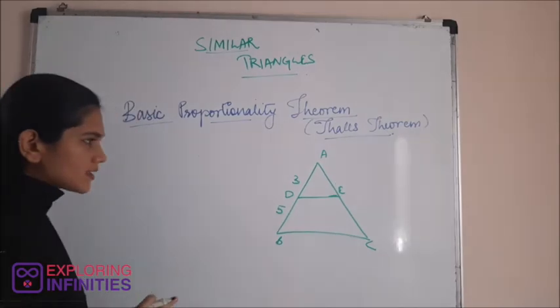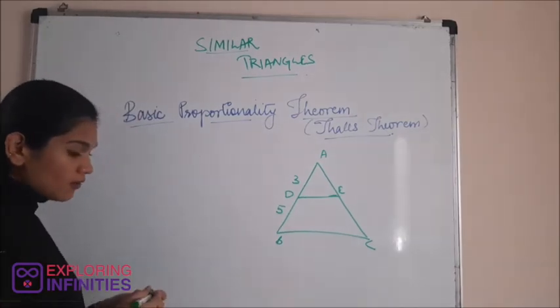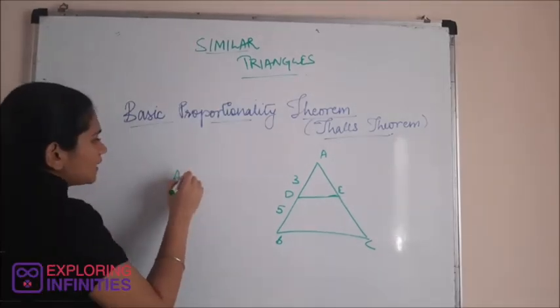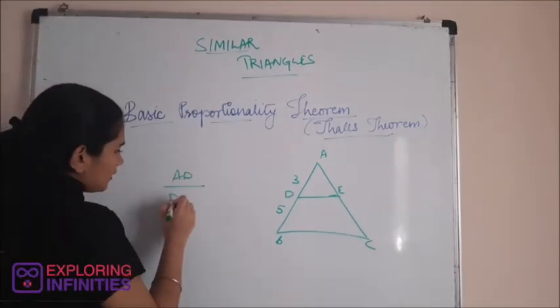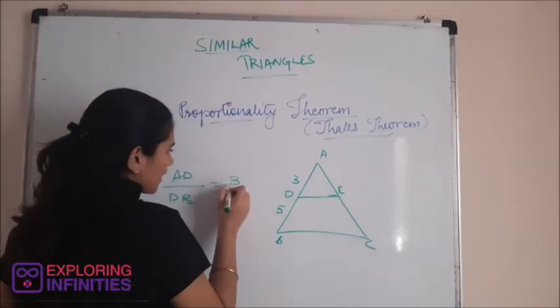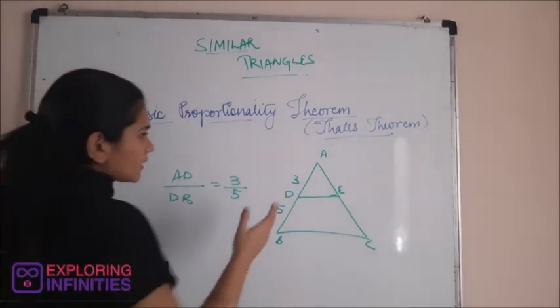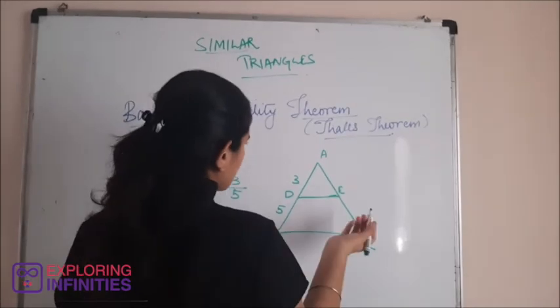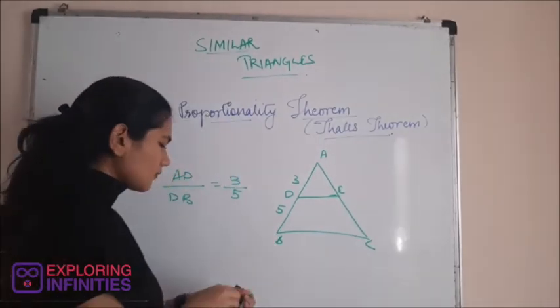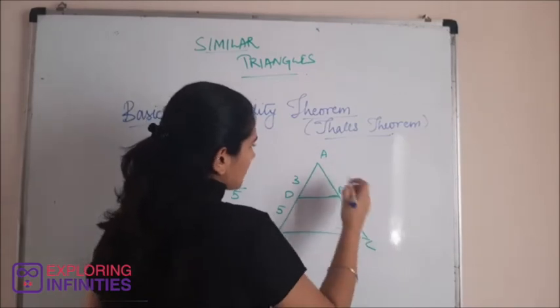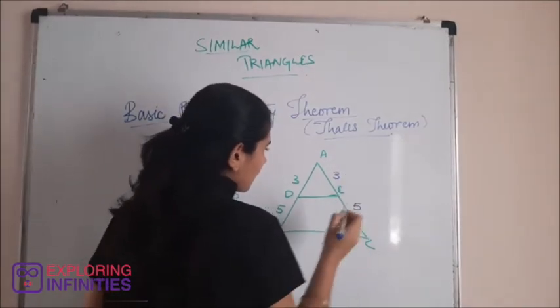We are given this much information. Now we know that AD divided by DB equals 3/5. As per the basic proportionality theorem, we can obviously say that AE divided by EC would also be 3/5.